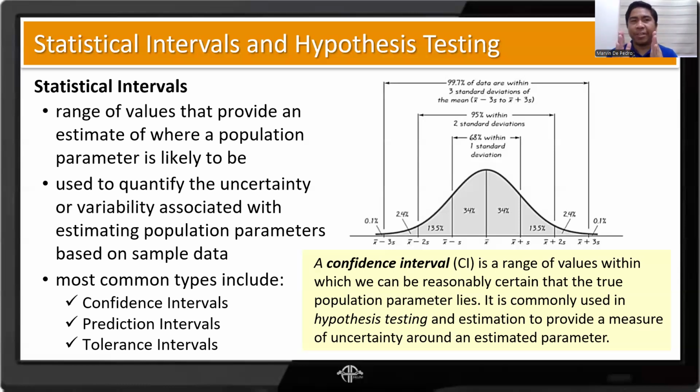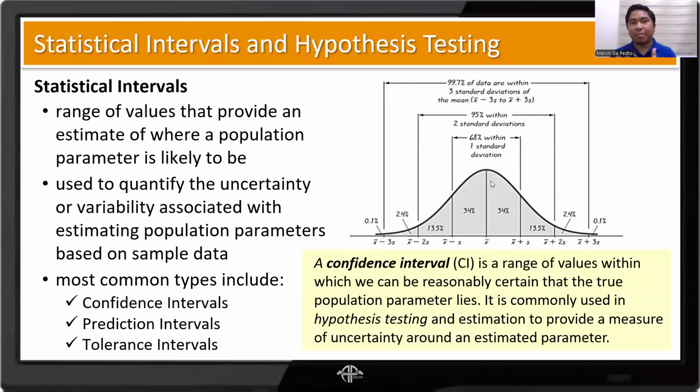Meaning if this is our interval, then there's a higher chance that we meet the target. For example, here, you can see this part, 68% within one standard deviation. If this portion is our interval, then there's a higher chance that we meet this target, this estimated population mean.